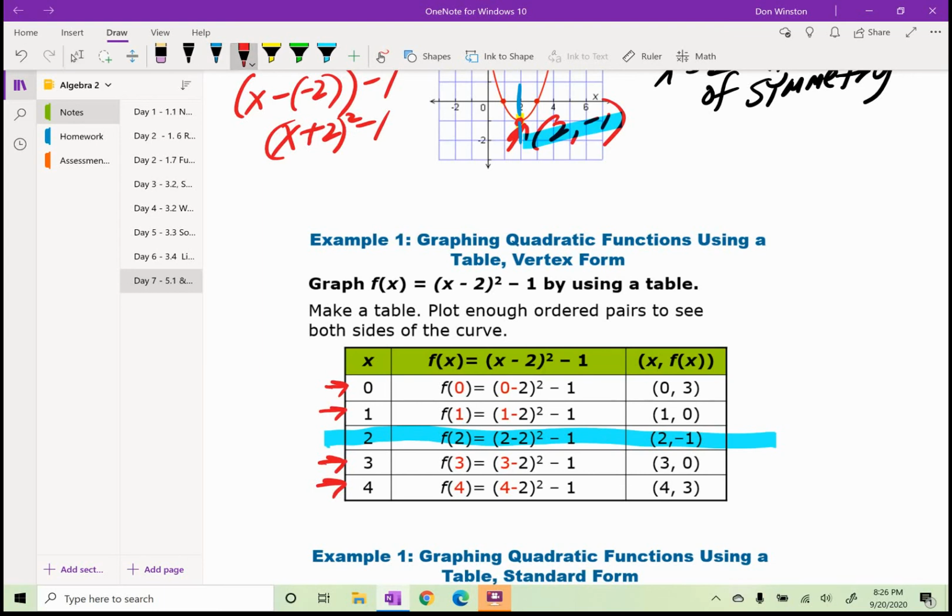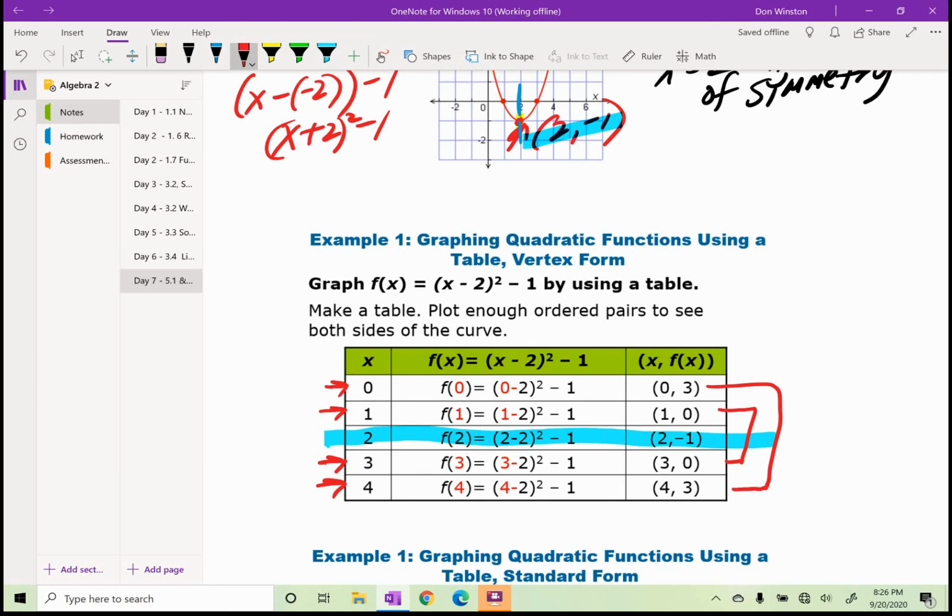Because at x is equal to 1, you get y is equal to 0. But also know that's the same value for when x is equal to 3. The graph is symmetrical. The left side will look like the right side. Likewise, when x is equal to 0, you get y is equal to 3. But that's also the value when x is equal to 4. Okay, again, because of symmetry.